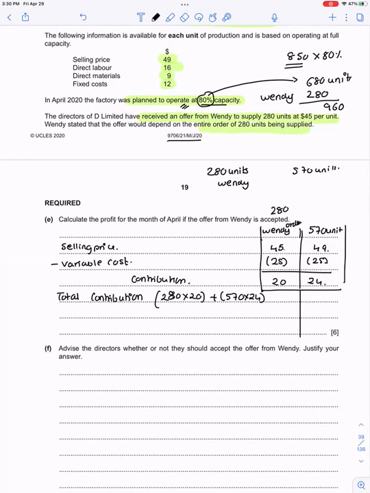Yeah. So this is 5,600. 570 into 24 is 13,680. So my total contribution is 19,280, minus fixed costs. It is 12 into the normal capacity. So I will get the profit.